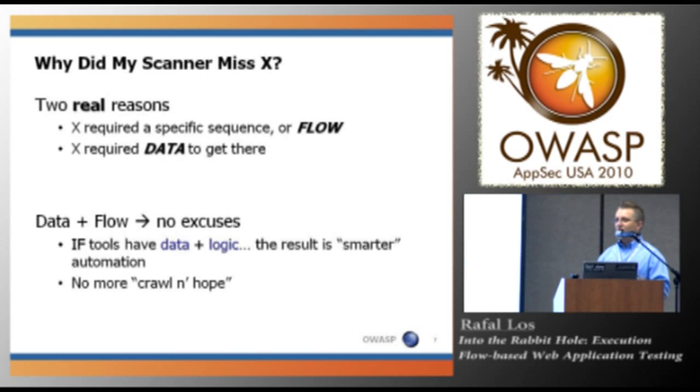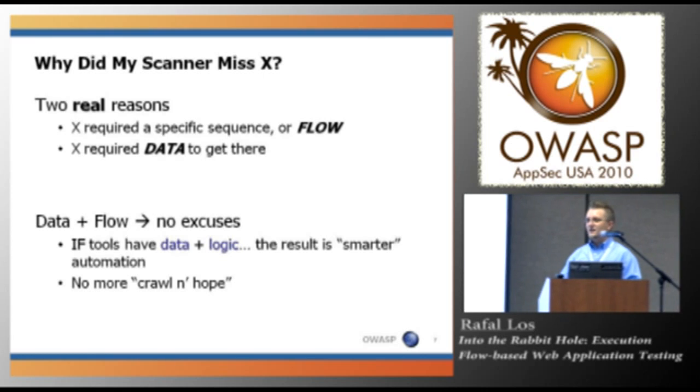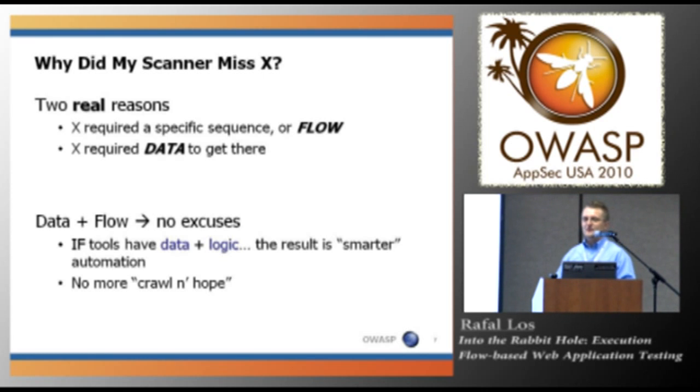It used to be you could follow a series of links, or just spider a site and understand the entire map of the application. That is absolutely impossible in today's application space. You just can't do it. You need data to drive through applications. If you have the data and you understand the flow of the application, you run out of excuses why you can't go all the way through the app and find defects.